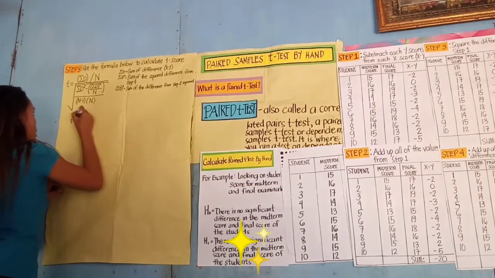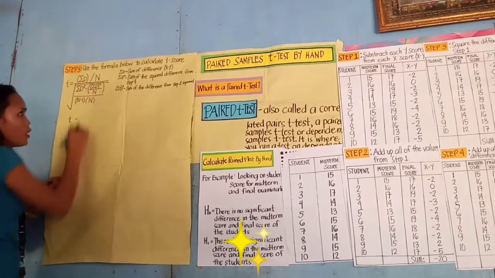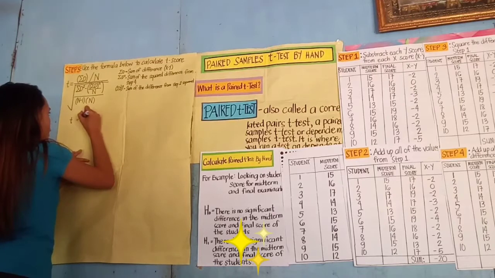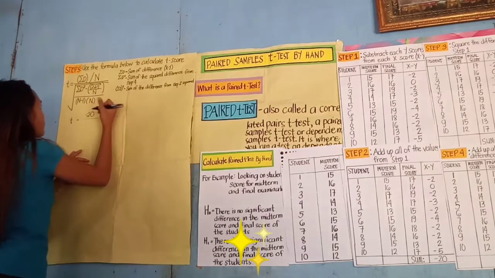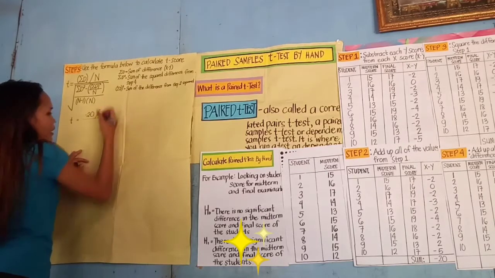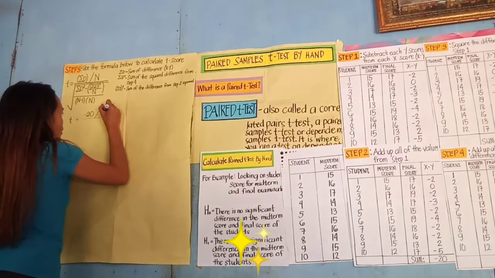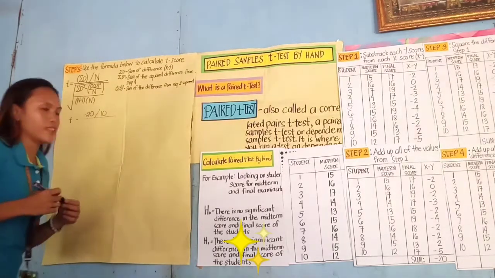So, t is equal to the sum of difference, which is negative 20, divided by n, which is 10, because there are 10 students.